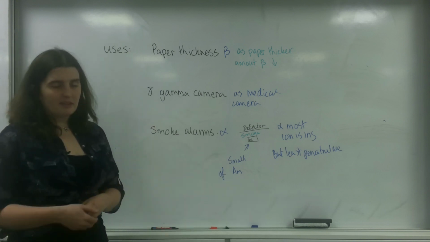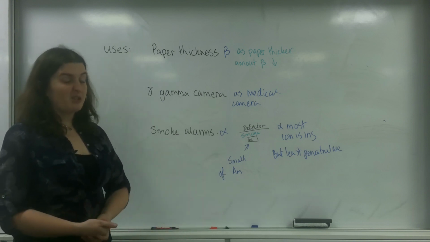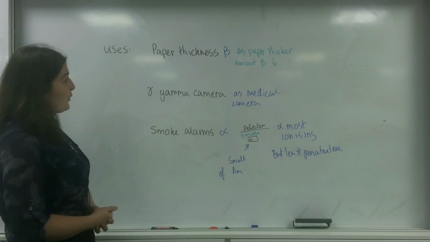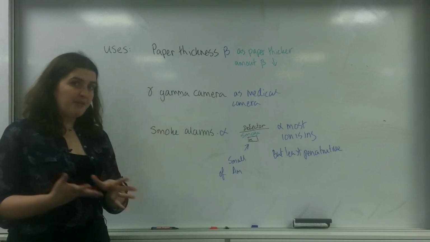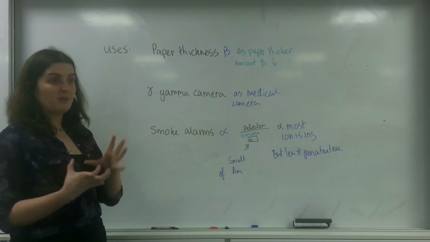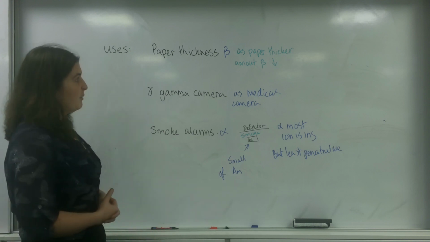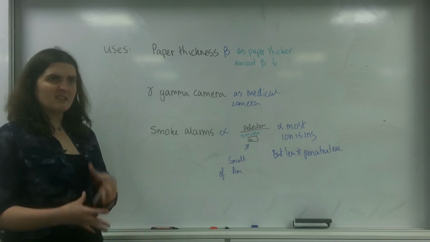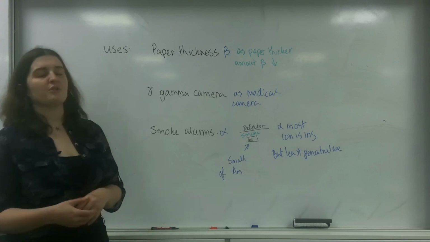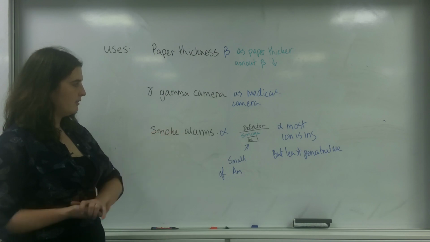Beta is in the middle, it's not really ionizing, it's not really penetrating either. So for the beta paper thickness one, you have to put labels out, etc. But beta being beta, it's not as dangerous as either gamma or the smoke alarm here.